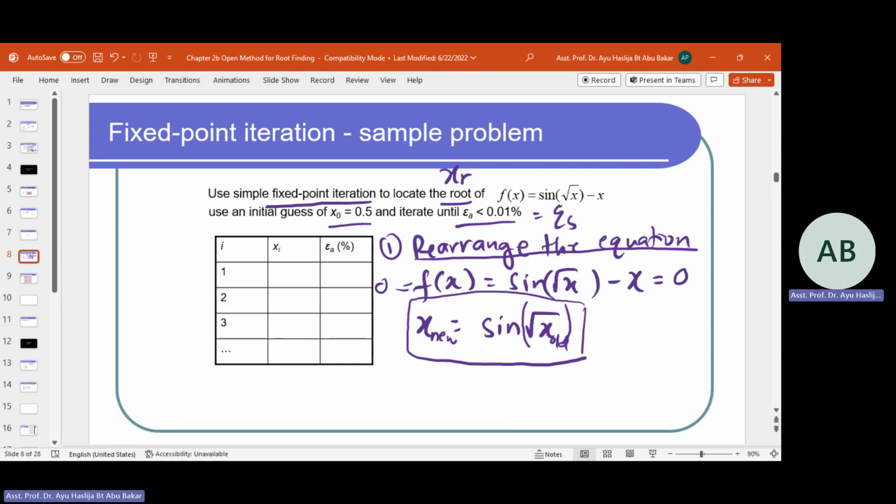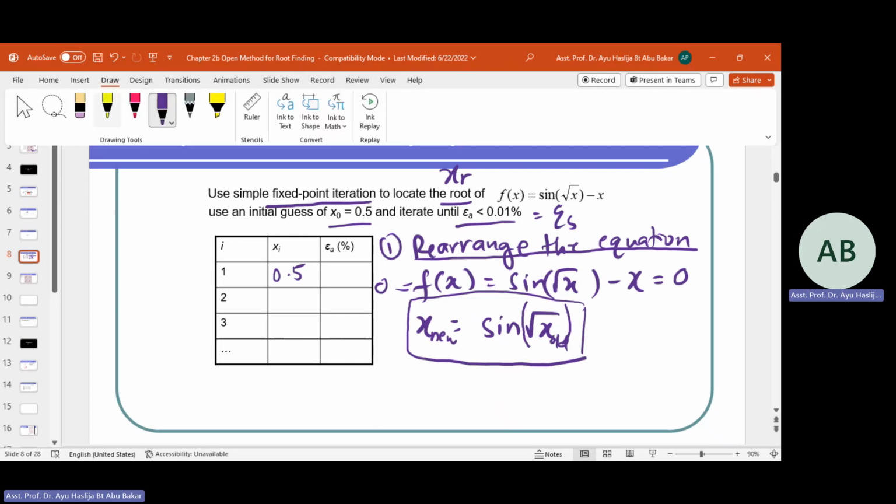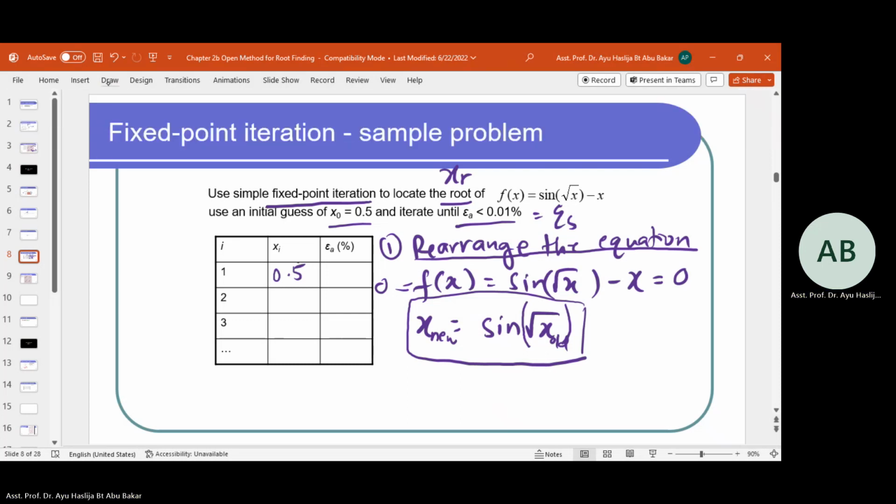Okay, now do the iteration. So for the first iteration, your xi will be your starting point. This one, 0.5. Okay, sorry, that one is not considered as iteration.